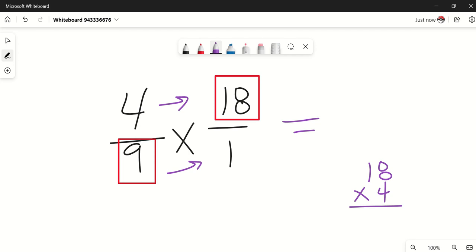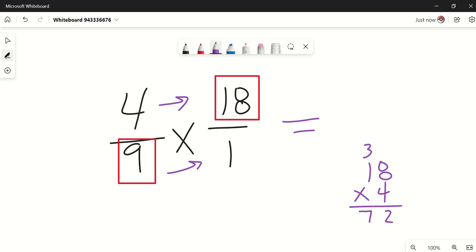So let's do this the long way. 18 times 4. 4 times 8. Again, I'm not great with my 8s, so this is where I'm going to use my mental math. I know that 8 times 3 is 24. If I add 8 more to it, it's going to be 32. And that's how I can remember my 8s, because I am terrible at my 8s. 4 times 1 will be 4, plus the 3 will be 7.